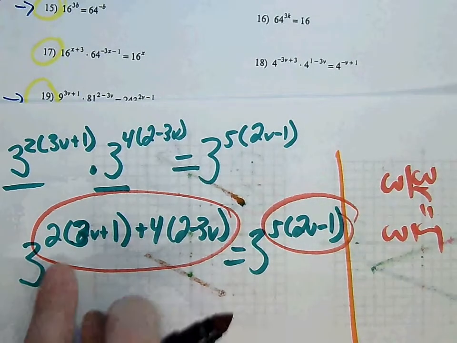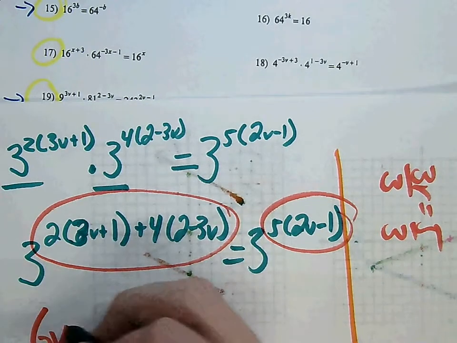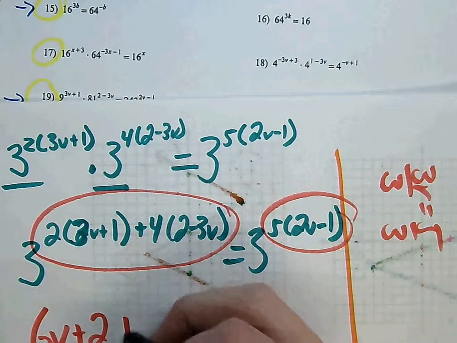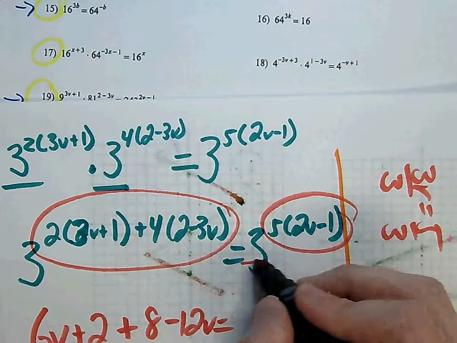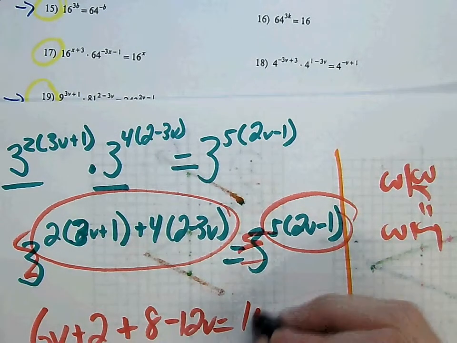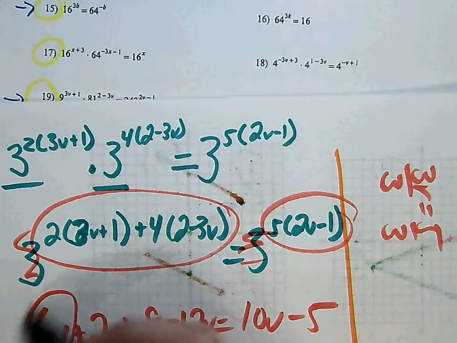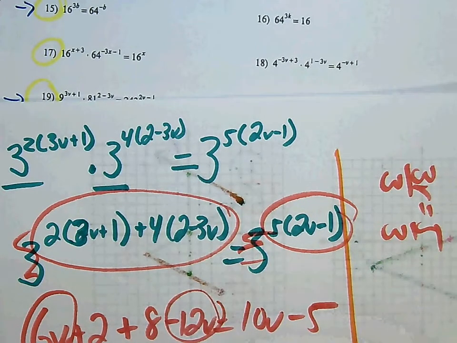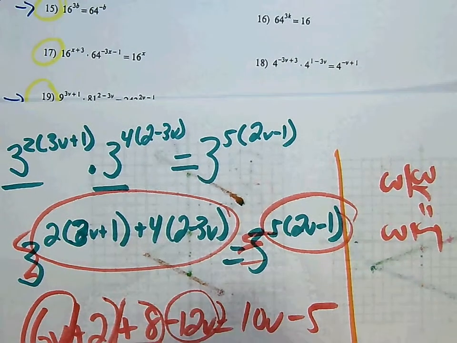So I can go ahead and distribute out, right? So I'm going to say 6v plus 2 plus 8 minus 12v equals, we drop the base, 10v minus 5. How about we combine some like terms, because that's getting awfully ugly. 6v minus 12v is negative 6v. 2 and 8 is 10.